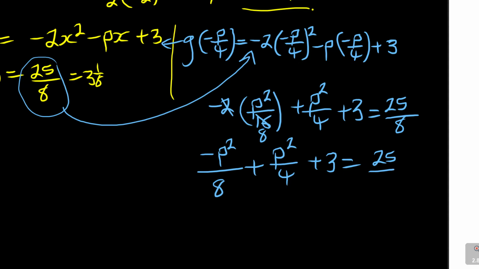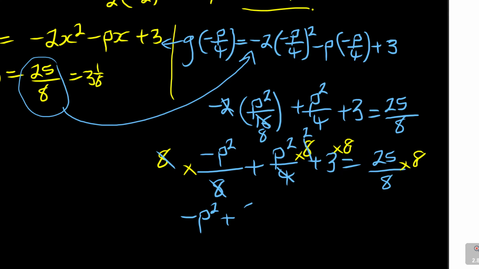I can get rid of that 8 by multiplying this by 8, this by 8, this by 8, and that by 8. I just want to get rid of the denominator. This will go to have minus p squared, then 4 into 8 is 2, so it's plus 2p squared is equal to, 3 times 8 is 24, I must multiply that, is equal to 25.